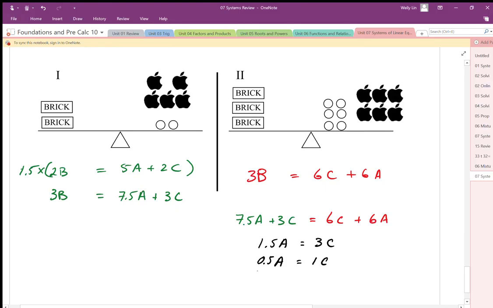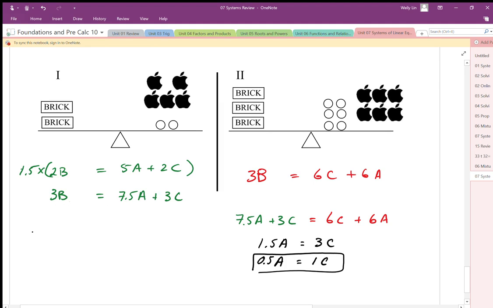Okay, so once I figured out how many apples balance one circle, I can figure out how many apples will balance one brick by getting rid of the circles in this equation, or the other equation, could be either or, and see how many apples match one brick. So I'm going to just replace these with apples, and then we're going to be just talking about apples in this balance.